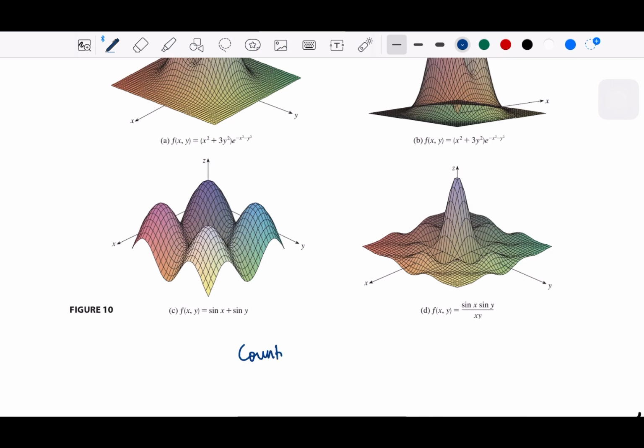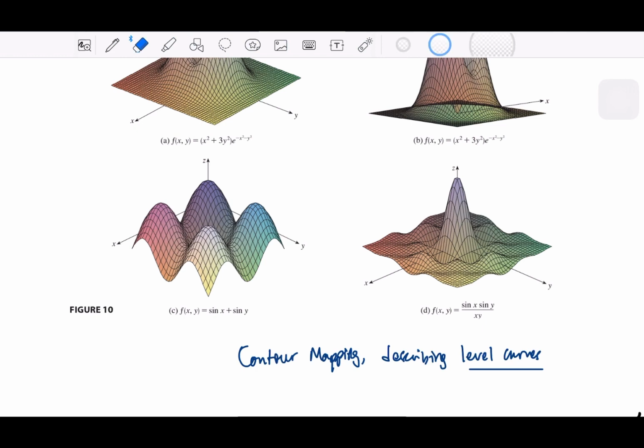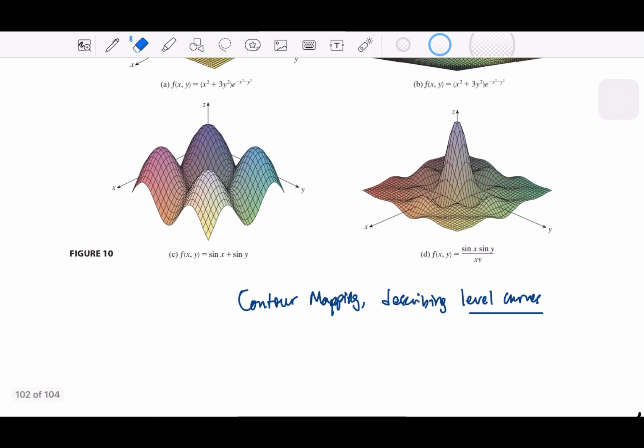So contour mapping, and describing the level curves, because you have different heights now, which is the z, in terms of the function xy. So we can describe the level curves by taking the function and setting it equal to some constant.